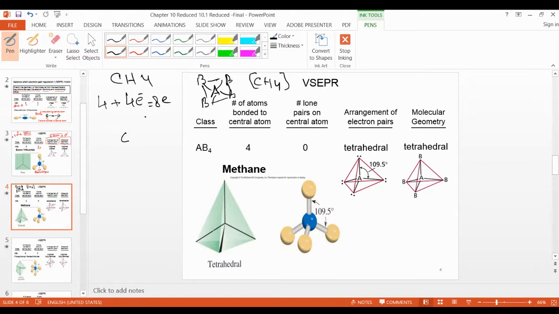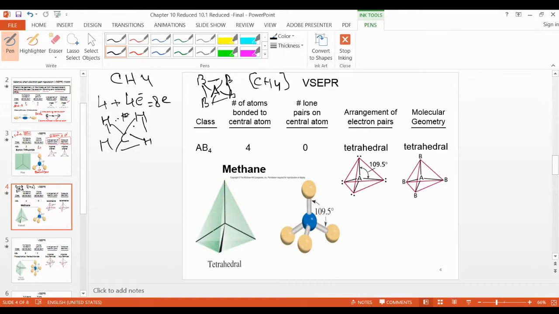And how many hydrogens do we have? 4. So we write the 4 like this, away from each other, then we make the bonds. Now 1, 2, 3, 4 bonds between these.